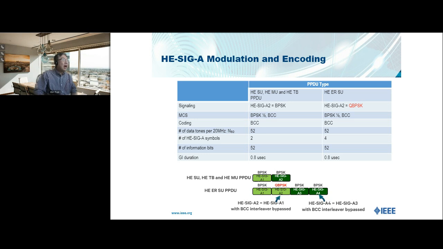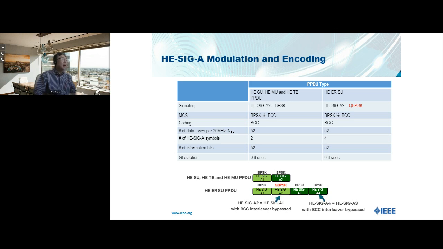For the extended range SU, we have something a little bit special. First of all, instead of two symbols like other packets, we make it four symbols so that we can get 3 dB more reliability. Besides symbols A1, A2, which carry 52 bits, this information is repeated again in A3 and A4.